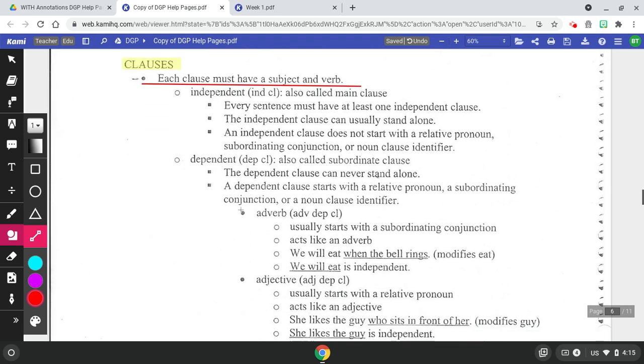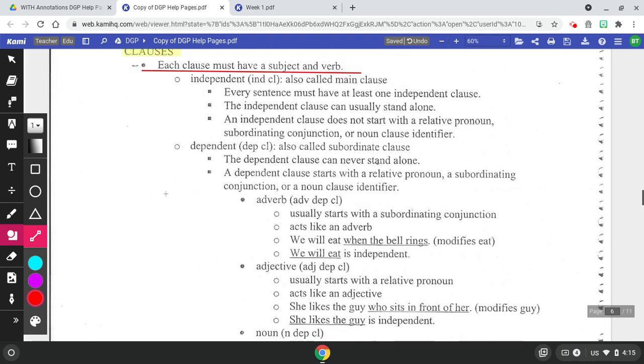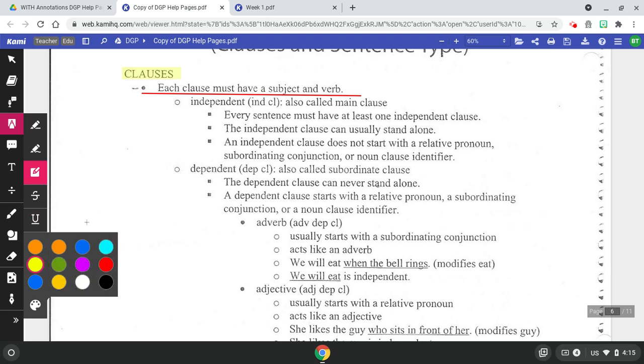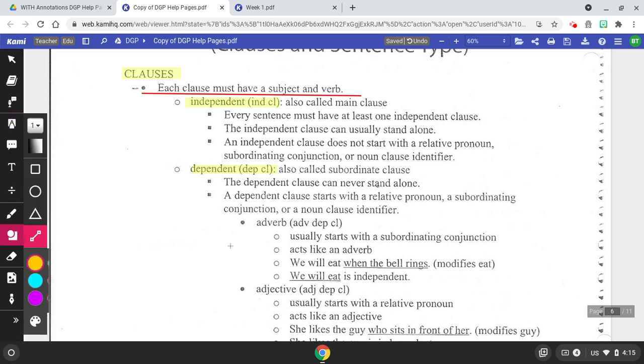Let me scroll on down here. We have different types of clauses. So let me get my highlighter markup tool again. Okay. There are independent clauses, must have at least one. Dependent clauses. And for dependent clauses, there are several different types. I'll do a line and go with the yellow line.